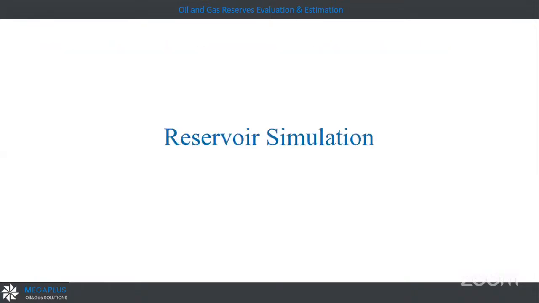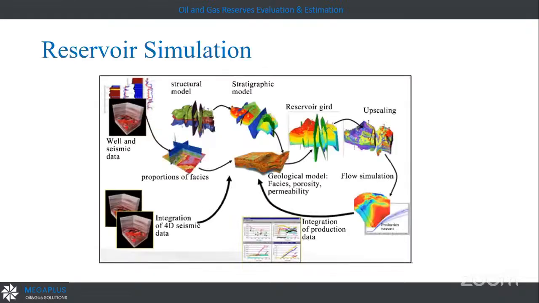The final or last reserves evaluation method is the reservoir simulation. And reservoir simulation is a very huge title, as we all know. But briefly, the reservoir simulation, with an example, we are going to see together. Here, I have a structural model done by geophysicists, or a stratigraphic model. From the other side, I have petrophysicists that work on the wells that intervened in that field with the interpretation of the petrophysics.